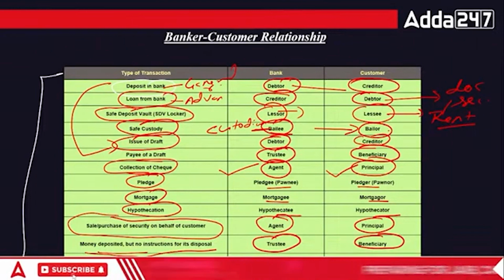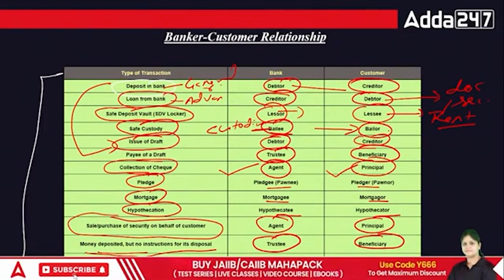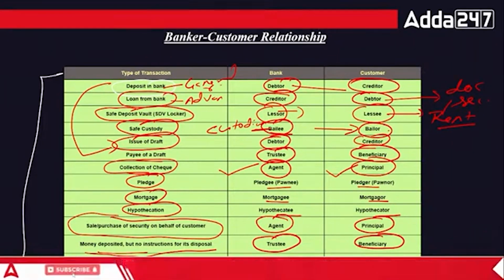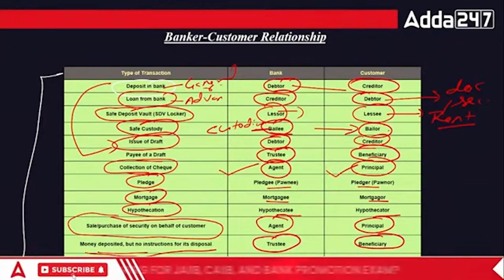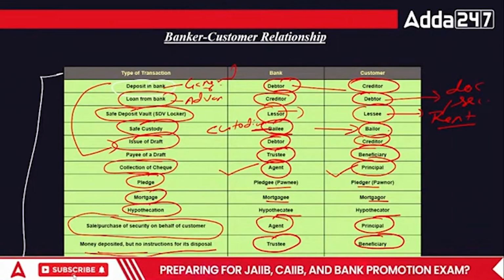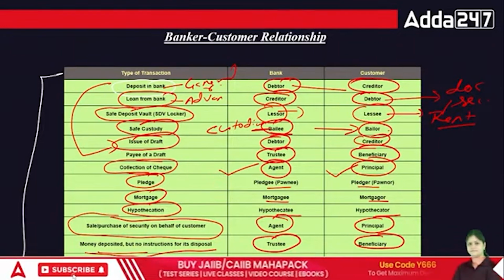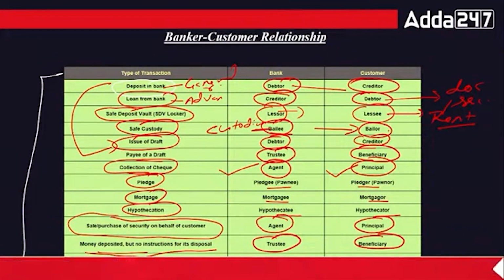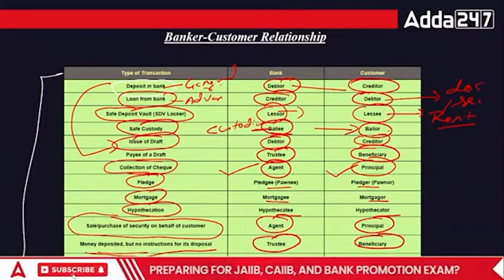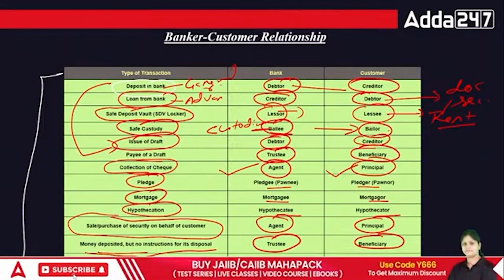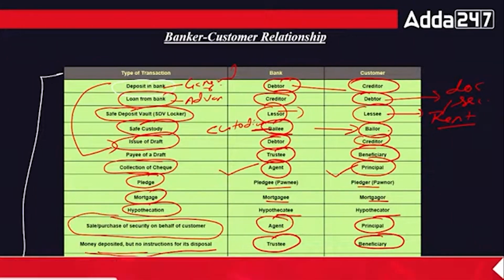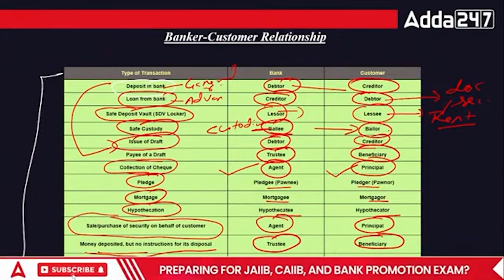Then agent and principal: the bank is the agent when they are submitting the telephone bill and insurance premium, or collecting the cheque, so they are doing work on behalf of the principal. Then the other relationship is lessor and lessee. In case of a locker, we are using the bank's property, and for that we are paying rent to the bank.